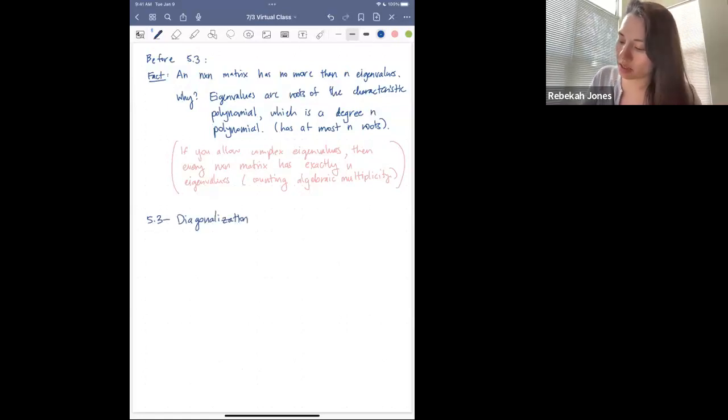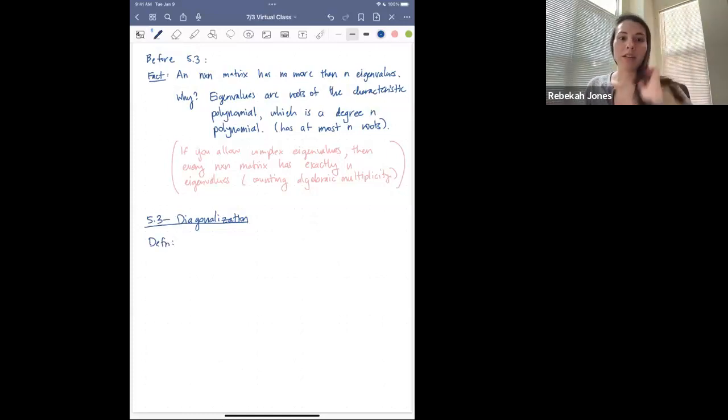Okay, so now let's get into section 5.3, where we are talking about diagonalization, which we mentioned at the end of class last time, right? So let's first define what we mean by diagonalizing.